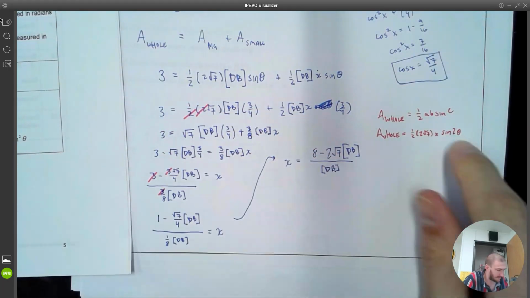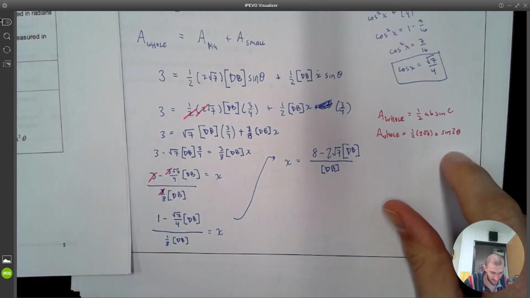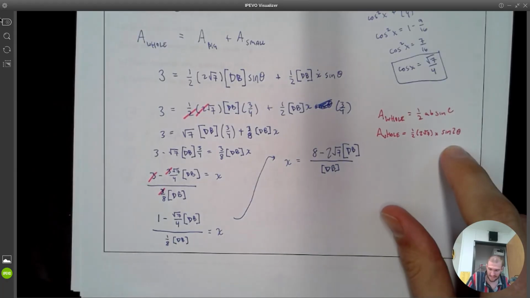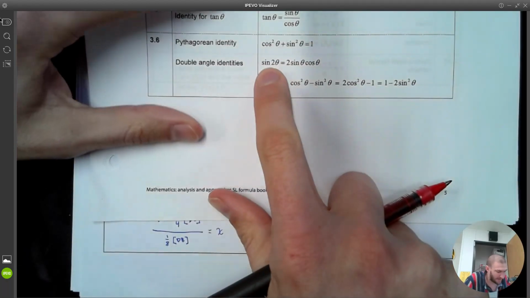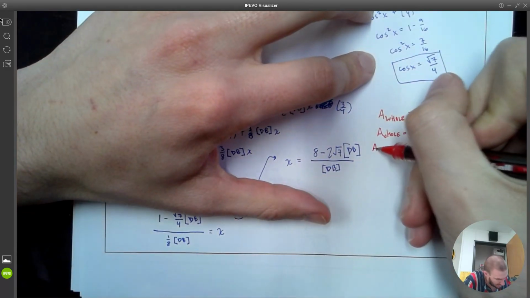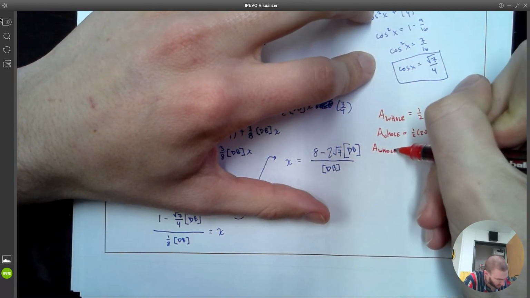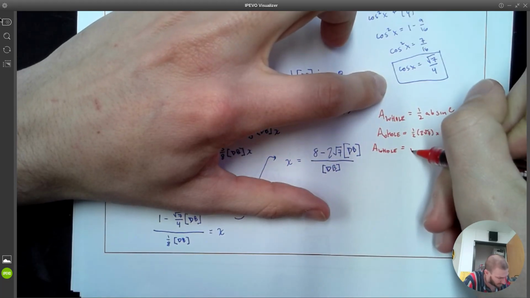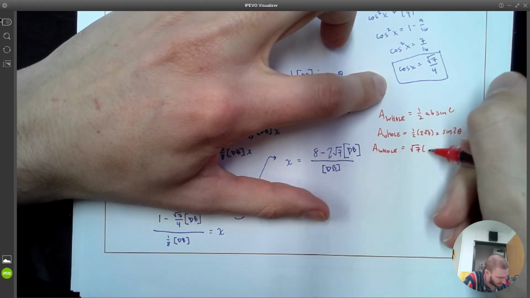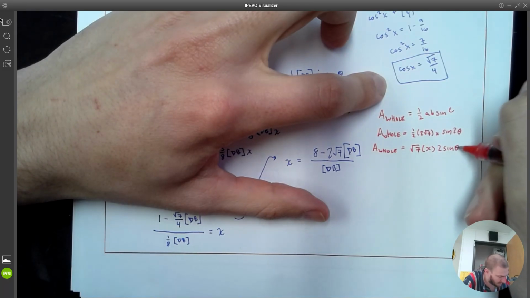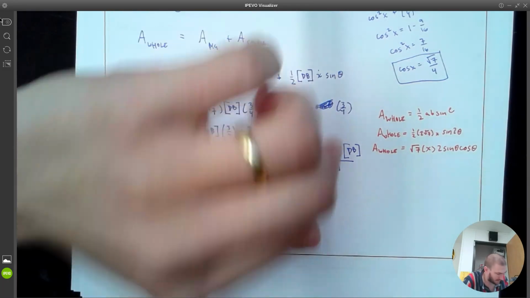Sine of 2 theta. Now, we're going to have to use our double angle identity. The double angle for sine is the easy one, 2 sine cosine. The area of the whole is equal to the 1/2 and the 2 are going to cross out, square root 7 times x, 2 sine theta cosine theta.